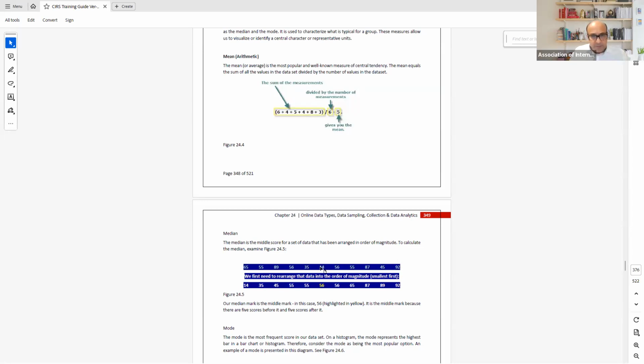These are all random numbers. So first we need to organize them. We start with putting the smallest number, which is 14, in the beginning, and then put 92 at the end. In between, numbers are also sequentially placed. So 35 is less than 45, 45 is less than 55. So these are all organized.